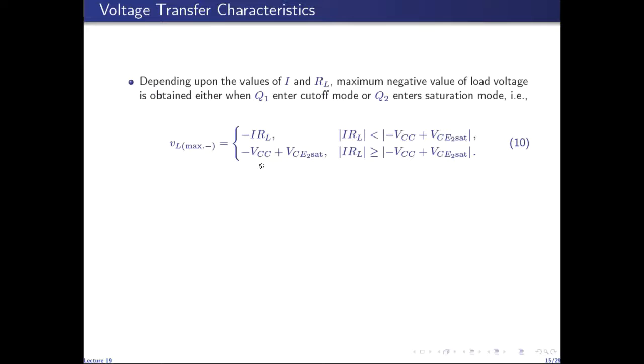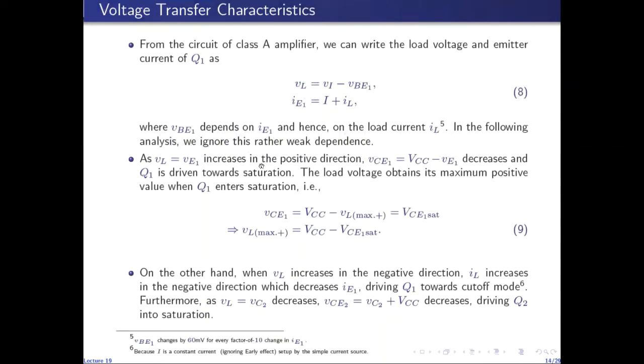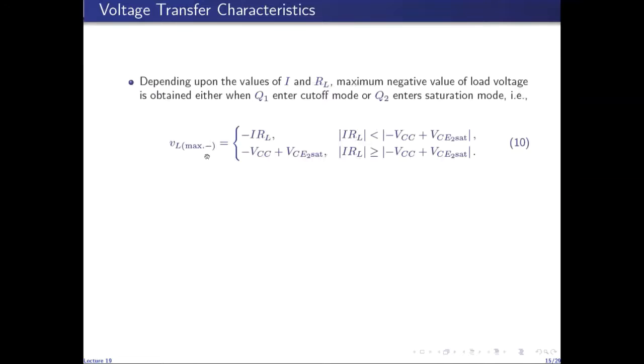On the other hand, when Q2 enters saturation mode, then the load voltage, VC2 is the load voltage here, it will become equal to VCE sat 2 minus VCC. So this load voltage, which is represented as VL maximum negative under this condition, will become VCE2 sat minus VCC.